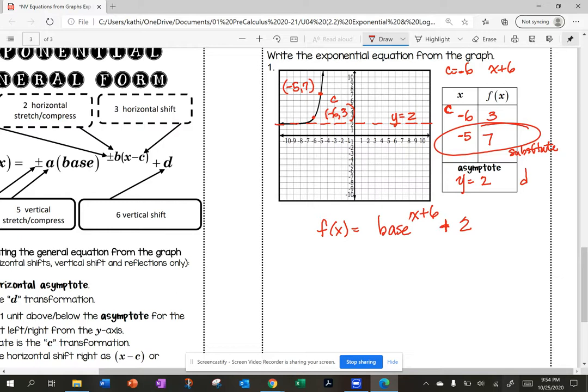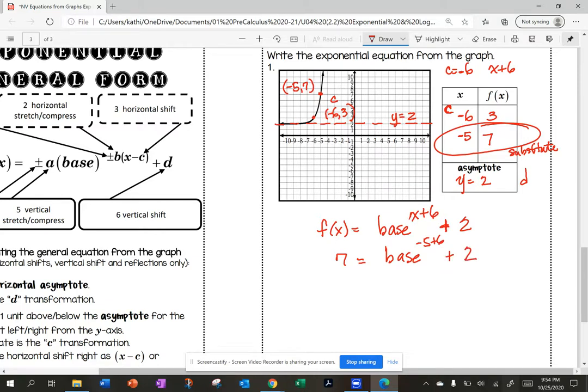Now I want to substitute in -5, 7 for x and y. So y is 7 equals the base, and x is -5 plus 6 plus 2.